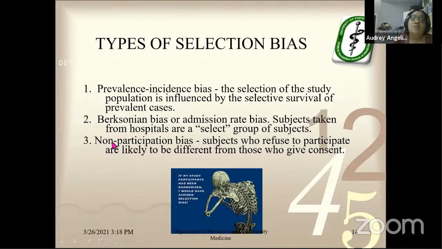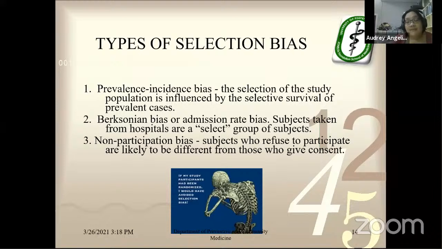Of course, people who do not participate are likely to be different from those who give consent. Ito yung mga pasaway. So, non-participation bias is also a factor of selection.